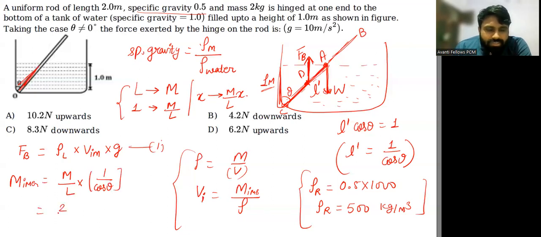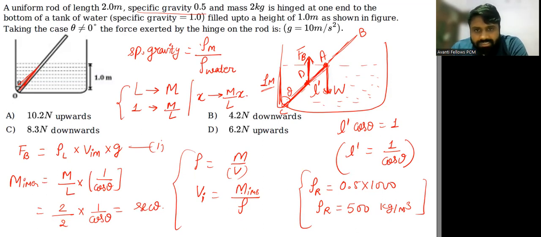Now mass is given as 2 kg, length is also given as 2 meter, 1 upon cos theta. So this will become sec theta. Now volume immersed is nothing but mass immersed divided by density of the rod. Mass immersed is sec theta divided by density of rod. We have calculated it as 500.